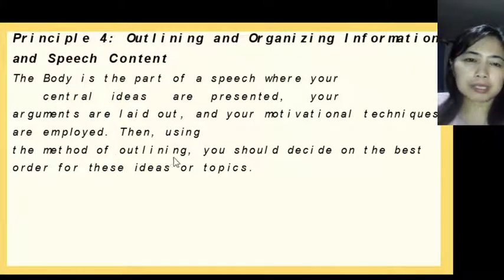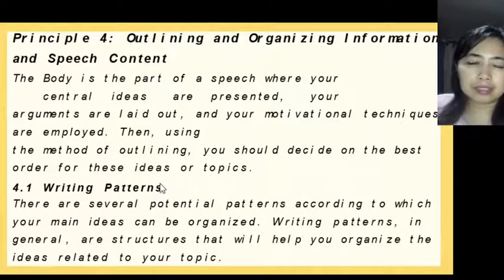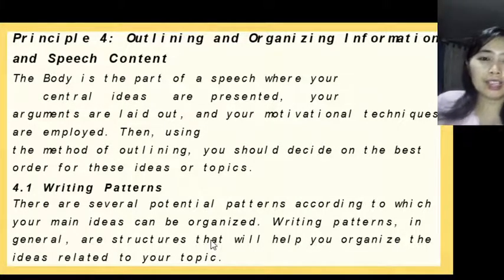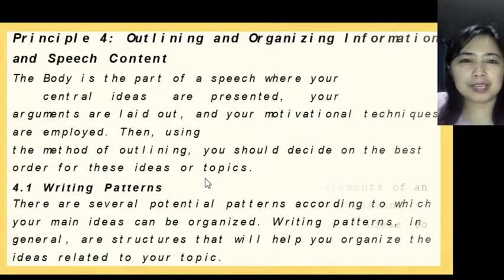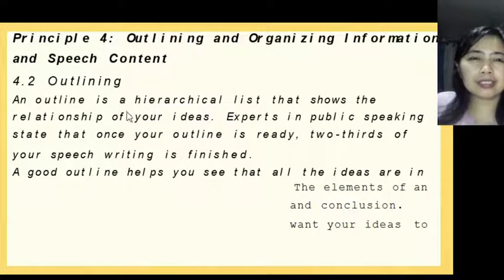Then you can use the method of outlining to decide on the best order for these ideas or topics. For writing patterns in outlining or organizing, there are several potential patterns according to which your main ideas can be organized. Writing patterns in general are structures that will help you organize the ideas related to your topic. An outline is like a hierarchical list that shows the relationship of your ideas.